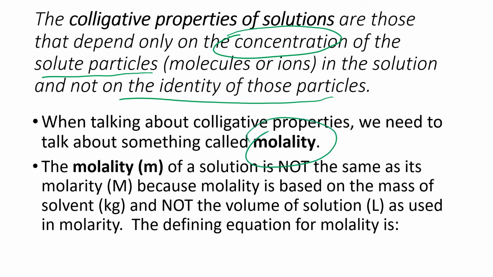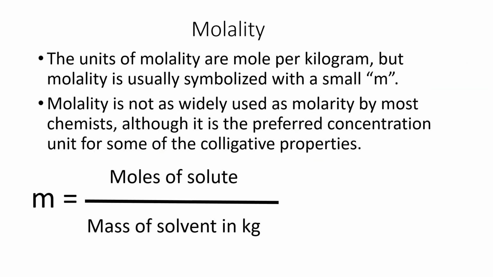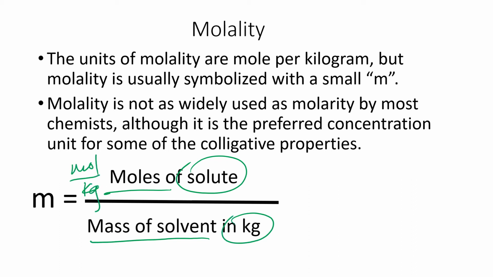So molality is different from molarity. Molarity, if you remember, capital M, notice how I'm specific, is moles per liter. Molality, lowercase m, is not. Here is the equation. It is moles of the solute divided by the mass of the solvent in kg. So it's moles over kg.